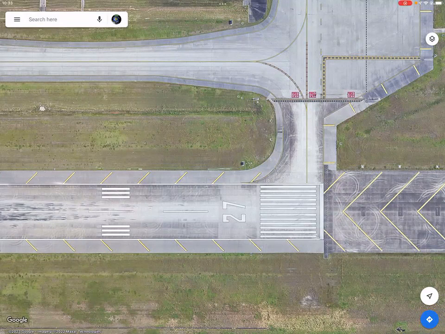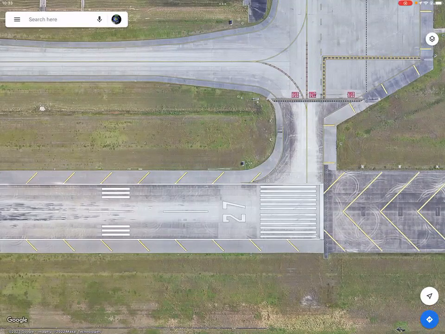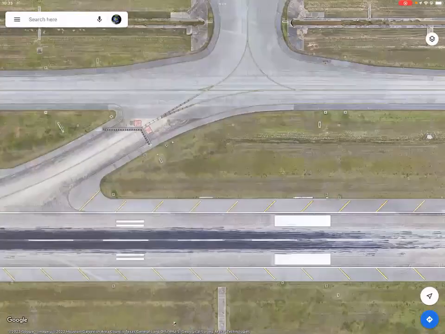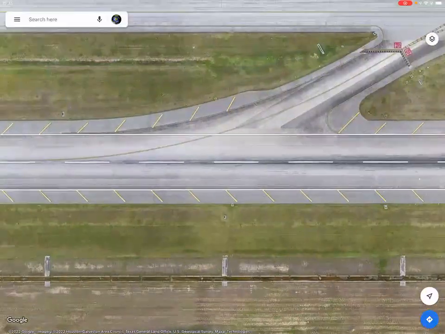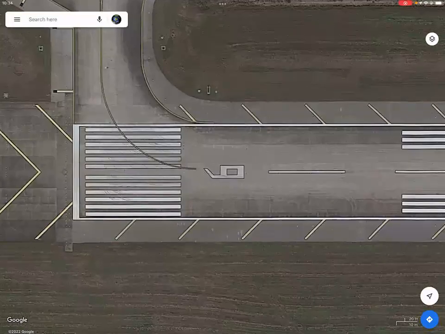So you're heading west at 270 degrees. So you're landing this runway 27, meaning that the runway is pointing to 270 degrees. And that explains why the other end of the runway says 9, because it is pointing at east at 90 degrees.